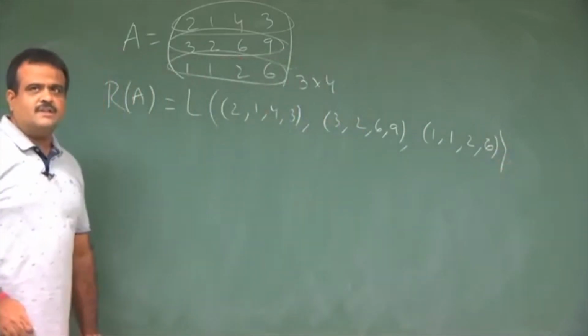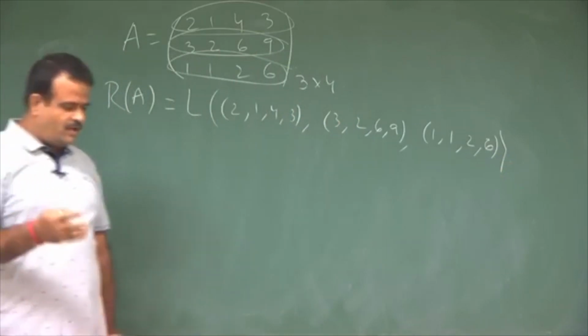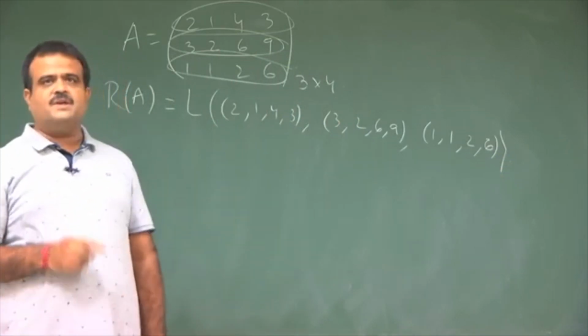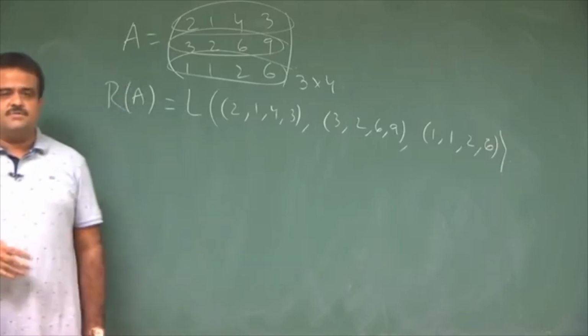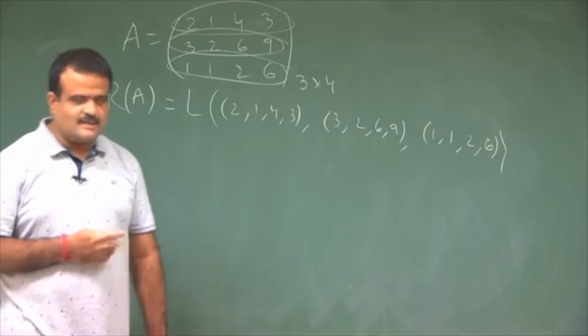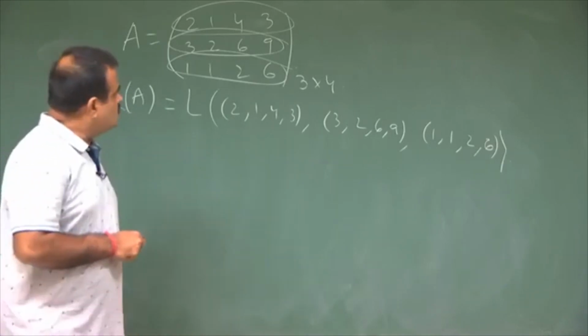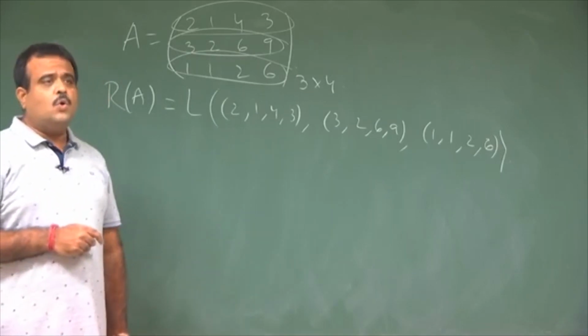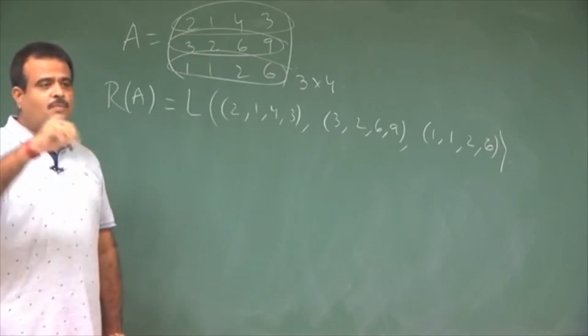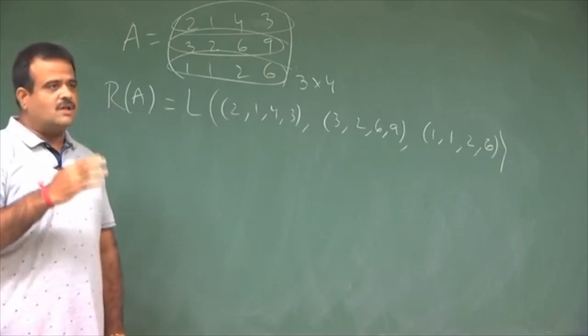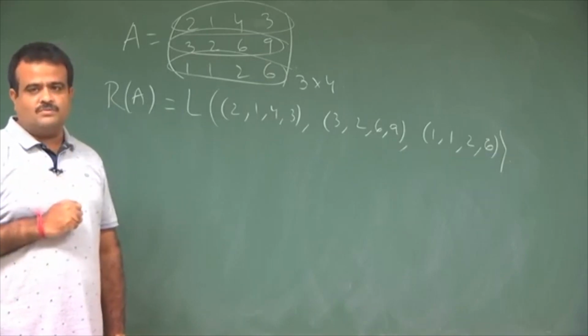Now, we have to check whether these vectors can form a basis or not. If they form a basis, then the dimension of this linear span is 3. To check that, we apply elementary row operations and convert into row echelon form.